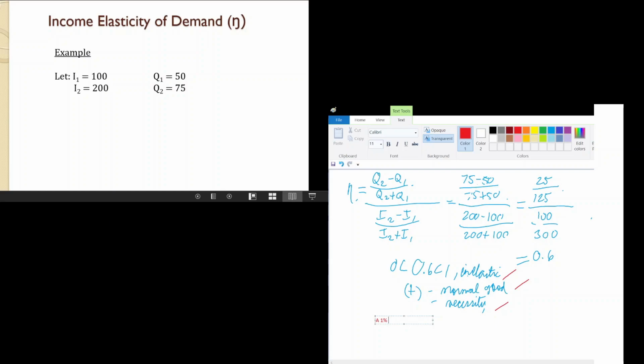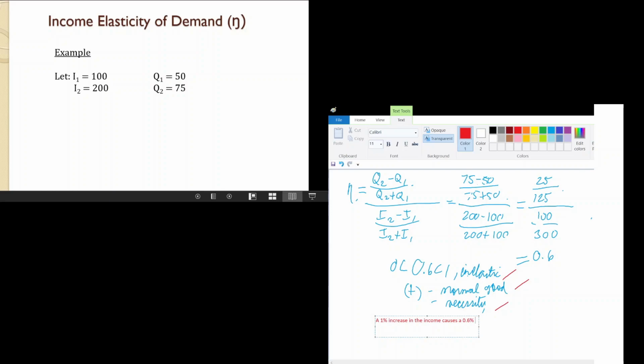Okay, so a 1% increase or decrease. So, a 1% increase in the income. Bakit increase? Saan ko kinuha yung increase? So, look at the given. So, I1 is 100, I2 is 200. So, from 100 to 200, our income increased. So, 1% increase in the income causes a 0.6%.